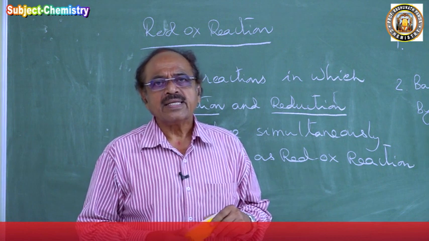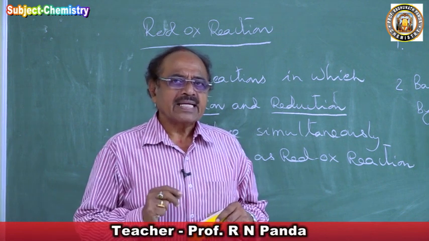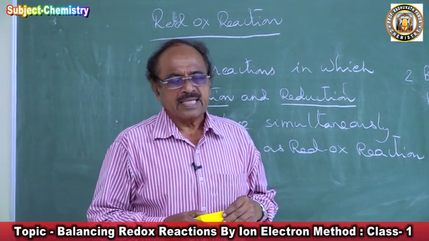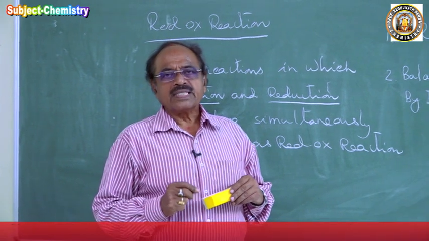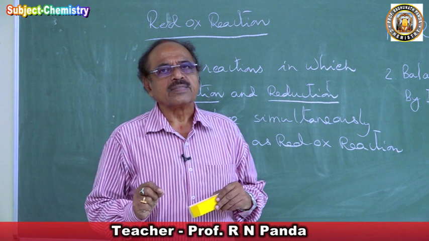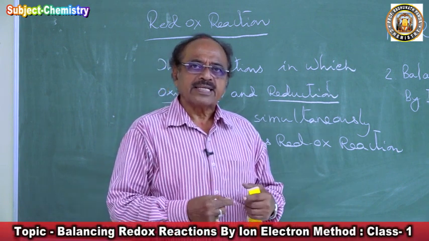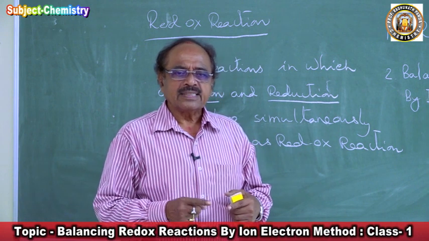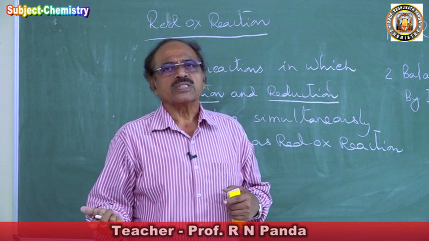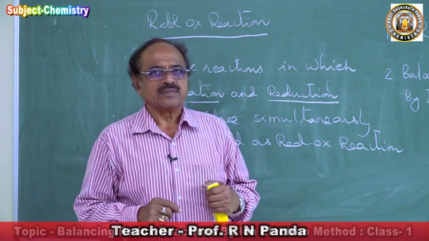Oxidizing agent is one which brings out oxidation and gets reduced during the process. That means oxidation is taking place, the oxidizing agent carries out oxidation, but what happens to it? It undergoes reduction. So where there is oxidation, there is reduction.